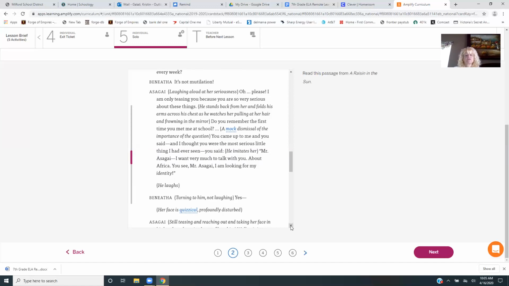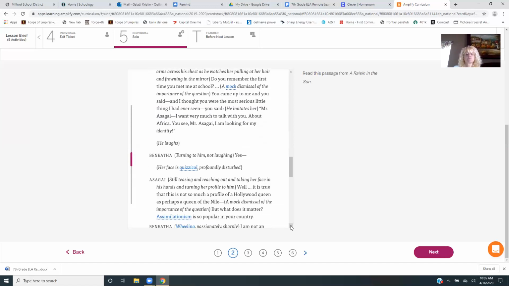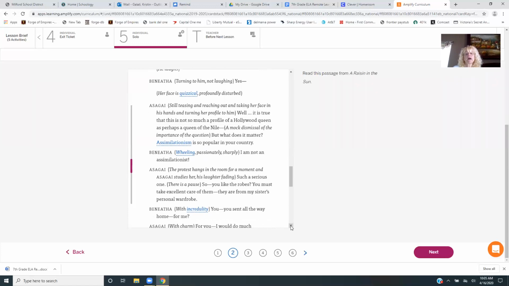Yes, her face is quizzical, profoundly disturbed. Still teasing and reaching out and taking her face in his hands and turning her profile to him, he says, well, it's true that it is not so much a profile of a Hollywood queen as perhaps a queen of denial. A mock dismissal of the importance of the question, but what does it matter? Assimilationism is so popular in your country.